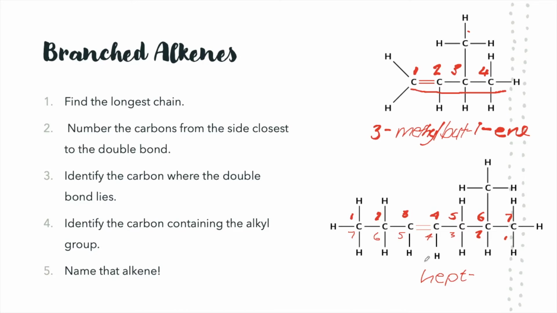In this case, numbering from left to right will give us the lowest number. So our main alkene is hept-3-ene. Now once again, there's only one carbon in this group, so it is a methyl group, and it is on carbon 6, so it is called 6-methyl-hept-3-ene.